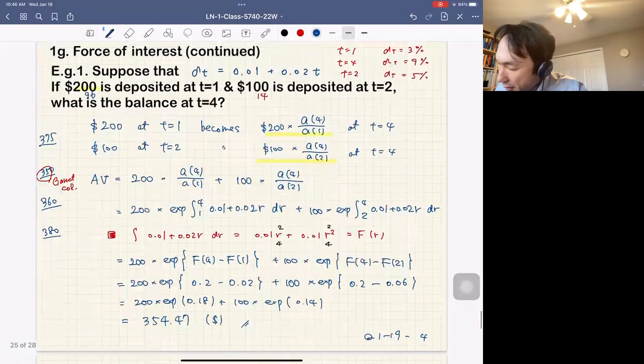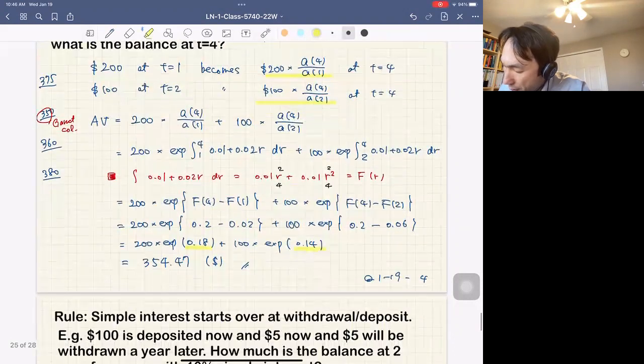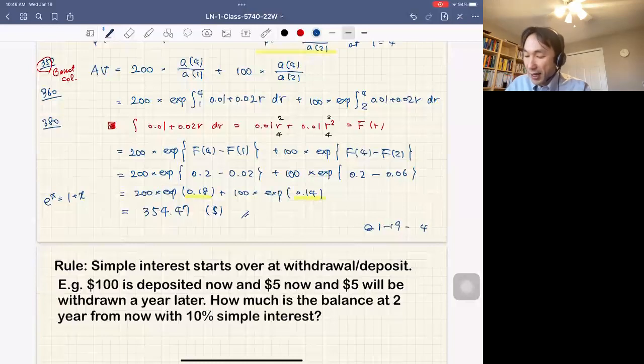Do you have any questions? Yeah, my initial guess is reflected here and here. So 18% interest approximately and 14% interest approximately, but it's on exponential. The exponential of x is approximately 1 plus x, right?